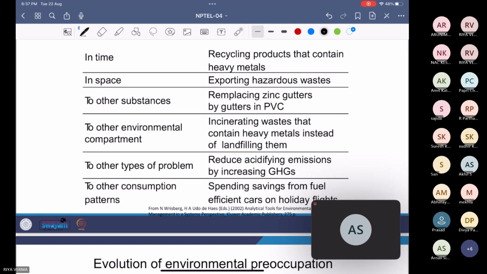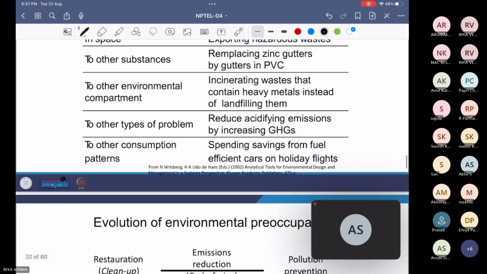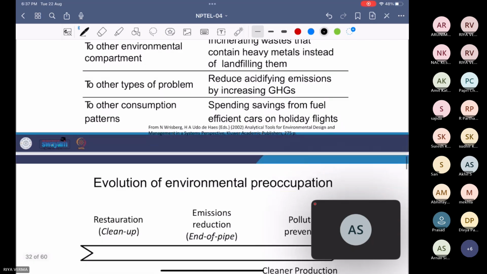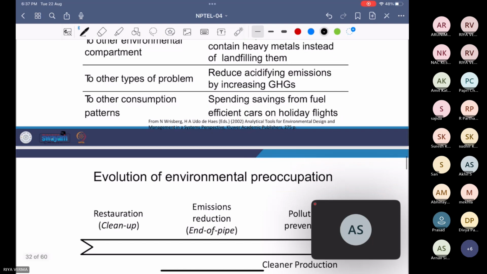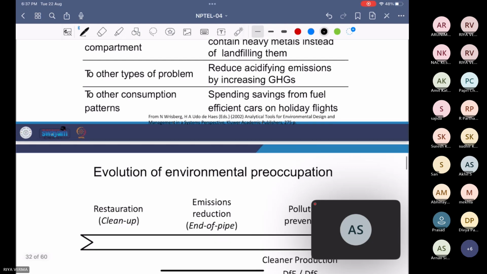During this process, some emissions are created, so definitely some other environmental problem must be getting created due to this incineration process. Then reducing acidifying emissions by increasing greenhouse gases. Similarly, in consumption patterns, spending savings from fuel efficient cars on holiday flights. So this is shifting of one problem to the other.